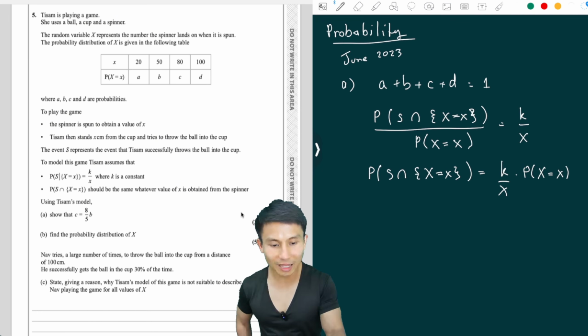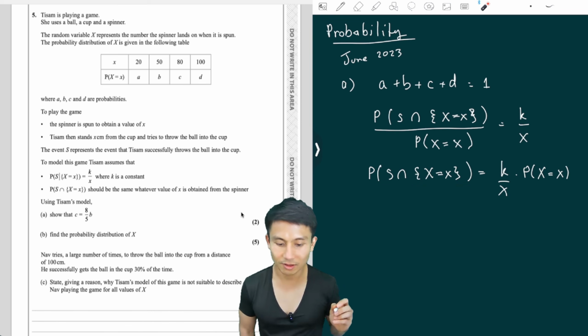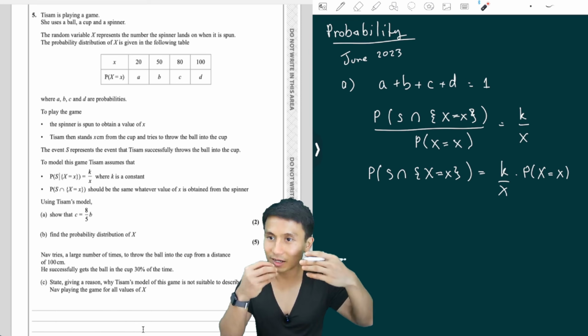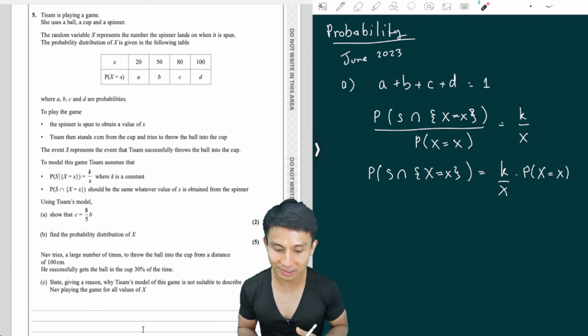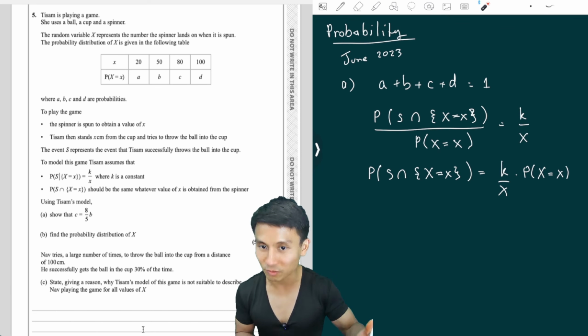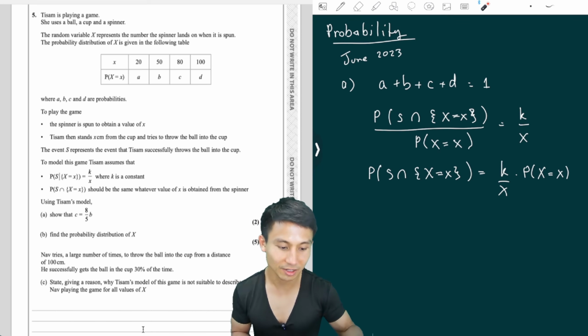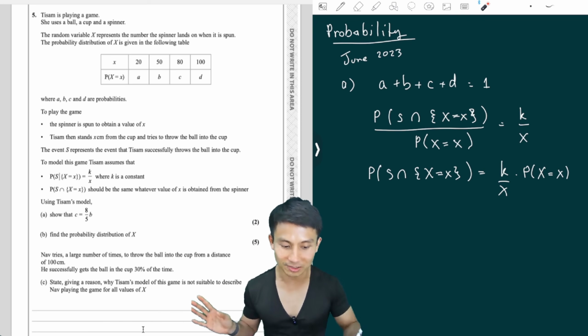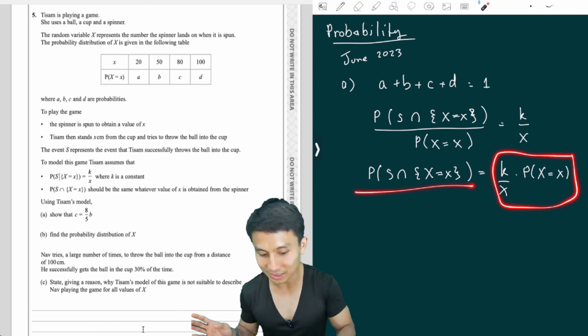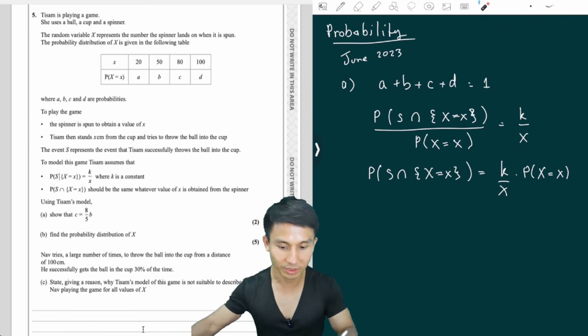It is saying that this thing, P(S intersect X = x), in words, is the probability of Tisam standing at a particular distance x and successfully throwing the ball into the cup, and it is equal to this thing. No matter what the x value is, this whole thing is a constant.